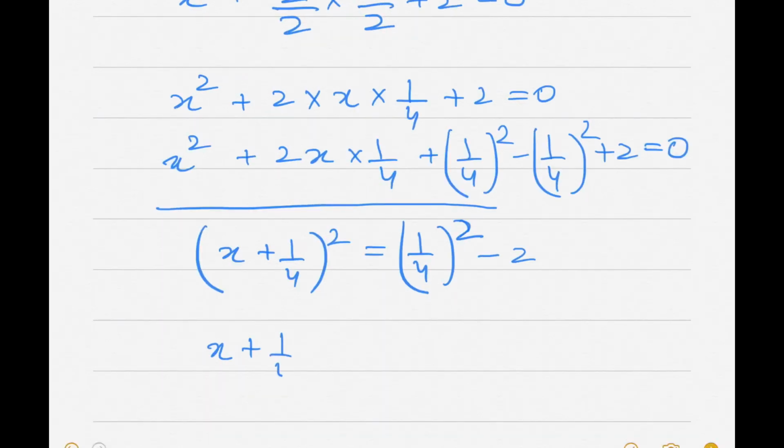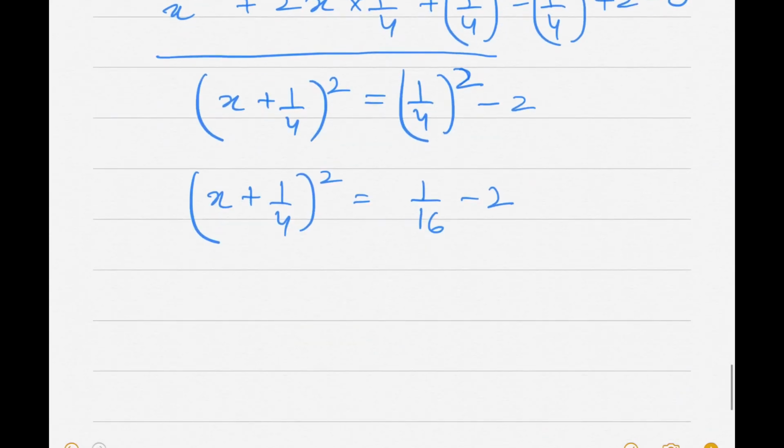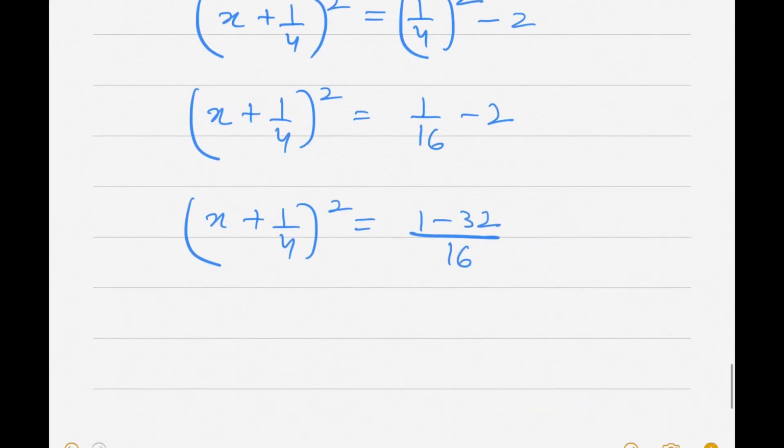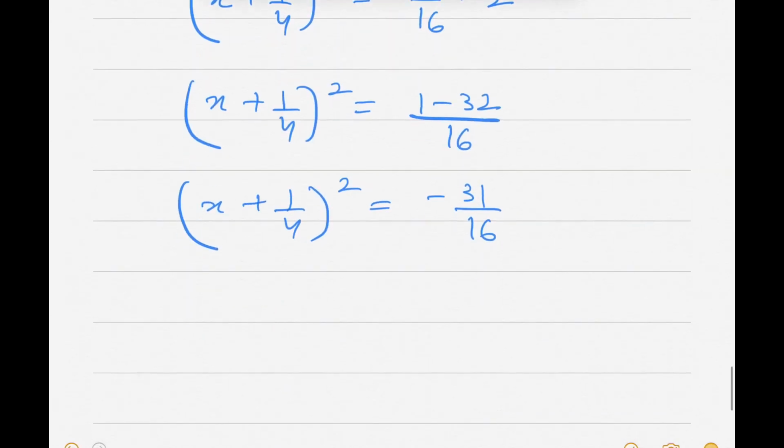So (x plus 1 by 4) whole square is equal to 1 by 16 minus 2, which is 1 minus 32 by 16. So (x plus 1 by 4) whole square is equal to minus 31 by 16, right?